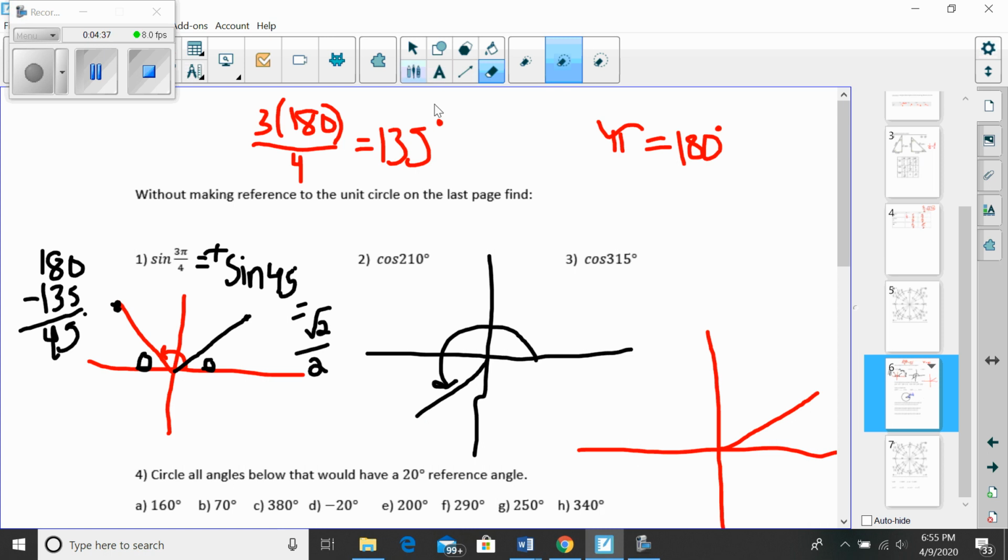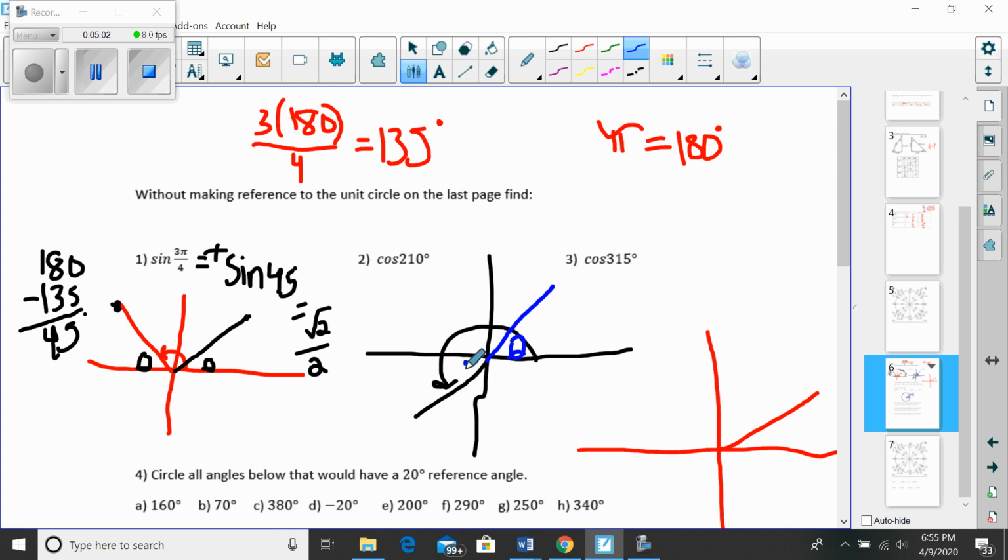Okay, and so let's say this is the point that I reach when the ray has a value of 1. The ray has a length 1, so I'm on the unit circle. So here's my 210.